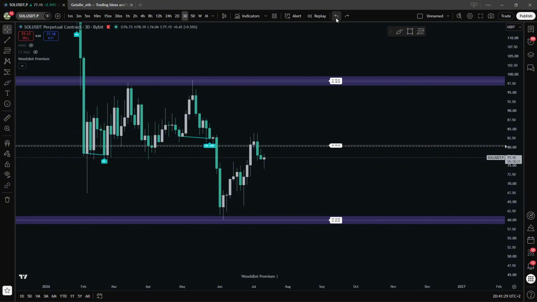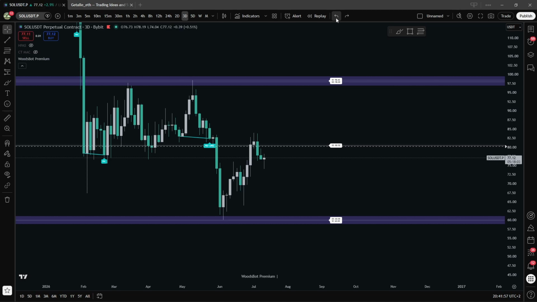You can use, for example, stochastic momentum, or you don't have to use any momentum oscillators, you know. You can just use volume, or you can use volume profiles, or you can basically use anything you want. You just need to be consistent with it. For me, this is what I choose. These are the confluences that I chose that make sense to me.